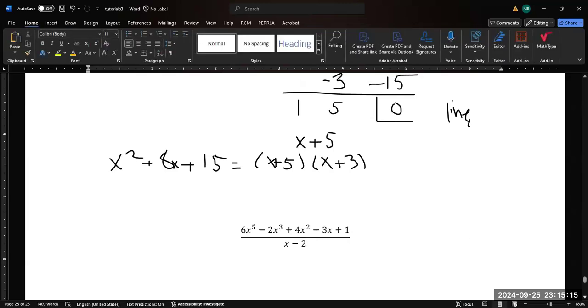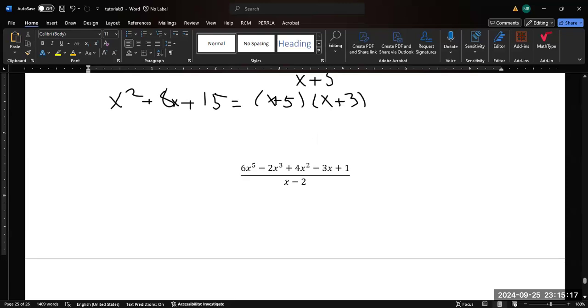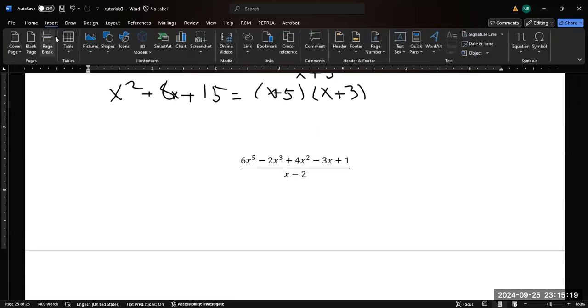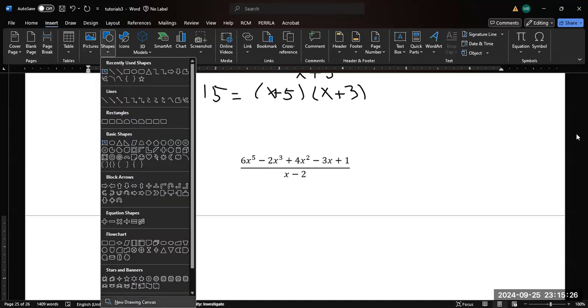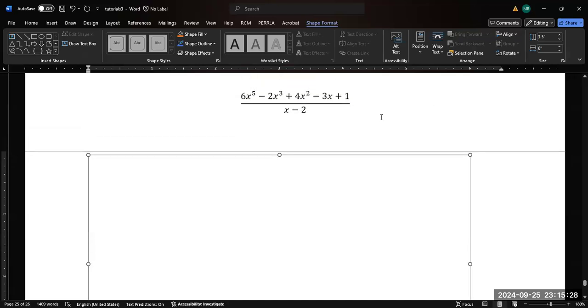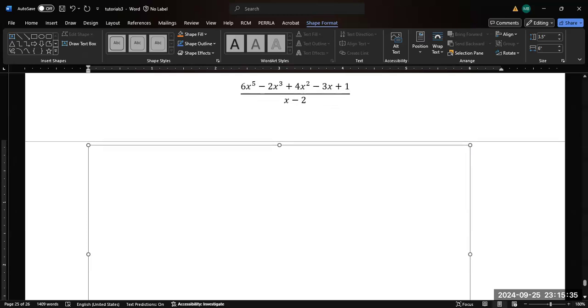So again, we're going to do this with long division first, and then we will redo the problem with synthetic division. Again, we can do this with synthetic division because the thing we're dividing by is linear.